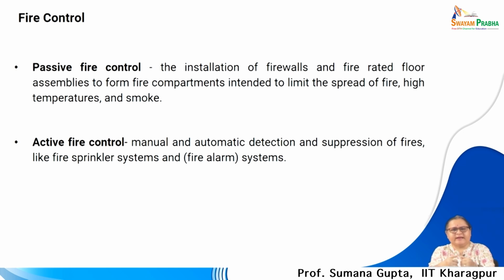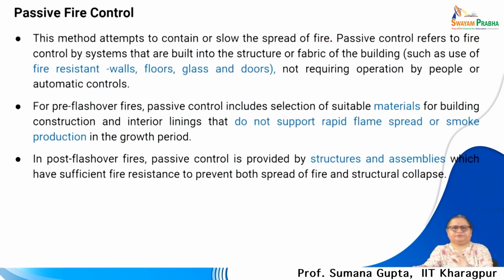Active is embedding a system within the existing one, to be only charged or started in case of a fire. Those are like fire alarms and suppression systems like the fire sprinkler, etc. Today we will limit ourselves to passive fire control.